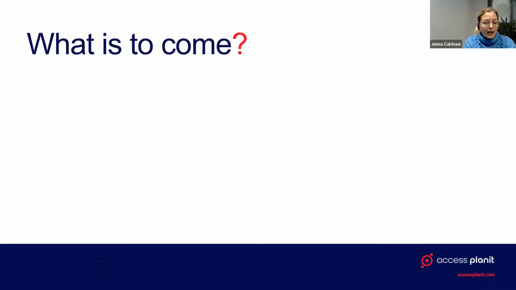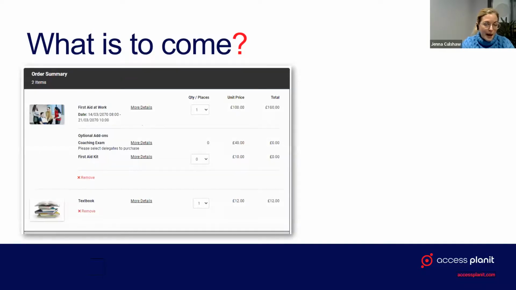Now, there are two major additions that we're currently working on within the checkout basket. The first of those is support for products and services. Now, this includes support for selling products and services on their own. So as you can see from the image there, selling a textbook, just at the bottom of that order summary, and hopefully the reason why we have images for products and services makes sense.